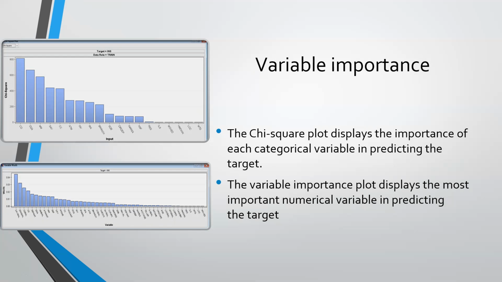For the bottom chart there, that is a variable importance plot, and that displays the most important numerical variables in predicting the target. The three most important numerical variables based on that chart are the balance in the customer's savings account, the balance in their checking account, and the certificate of deposit balance they have.